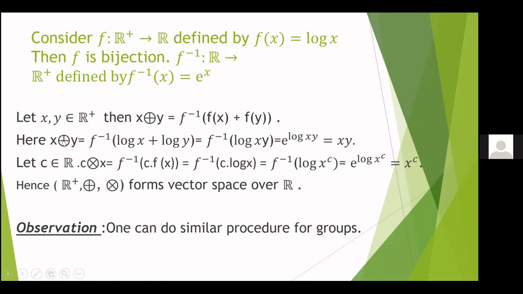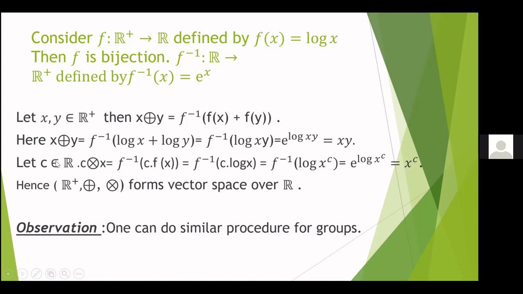Now I need to find what these two operations will be. So first I take x, y belonging to R plus, and how we defined x plus y, that is f inverse of fx plus fy. So what is my fx? That is log x. And what is fy? That is log y. And log x plus log y will be log xy. So f inverse of log xy is e power log xy, and it will give me xy.